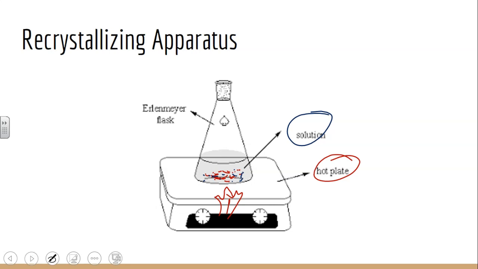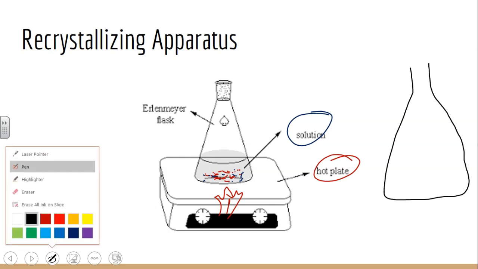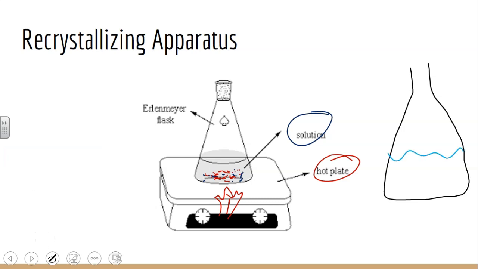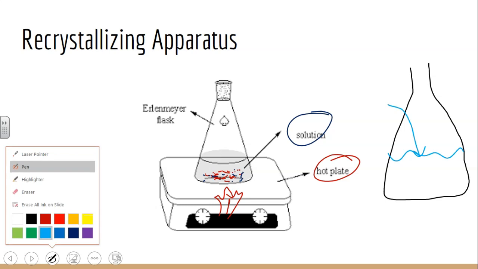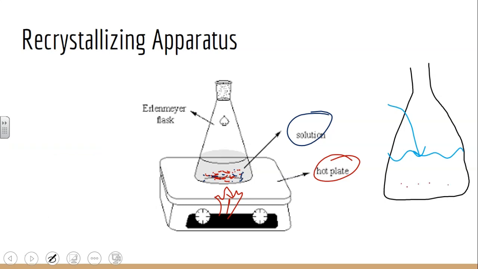As we said before, think about this: when that Erlenmeyer flask finally gets cool, and you have your liquid in here, the contaminant is still going to be in the solution, but as it cools, your red solid that you want will crystallize at the bottom, because this is the thing that we want to purify.